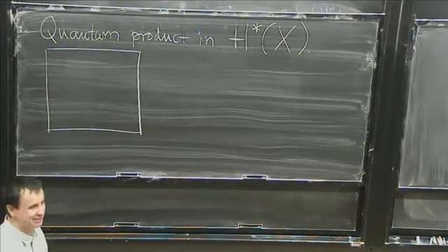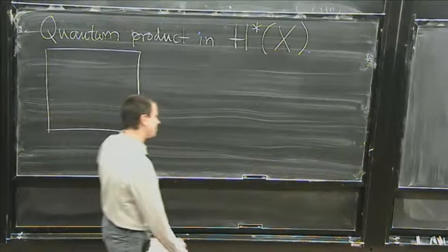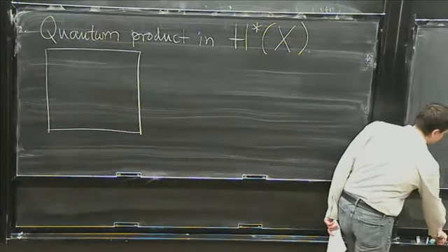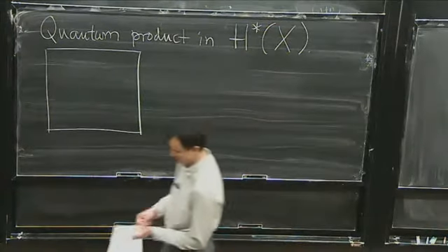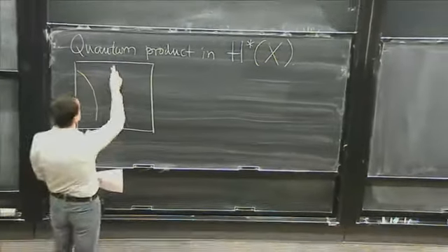They will mean different things in different instances. So this is a picture of X. And I have three cohomology classes, which I'll represent by the Poincare dual homology classes. So I'll draw three cycles in X.